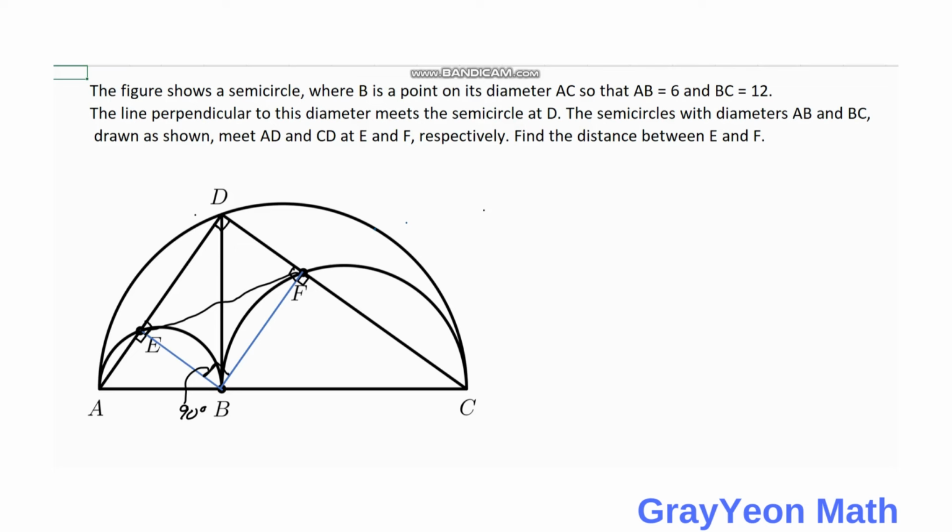And in a rectangle, the diagonals are always equal. So if we find the distance DB, then it is equal to EF. So EF can be found if we find the distance DB.